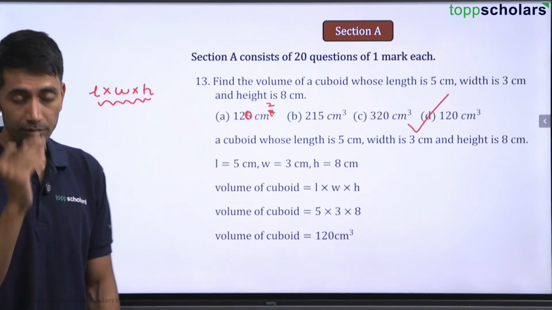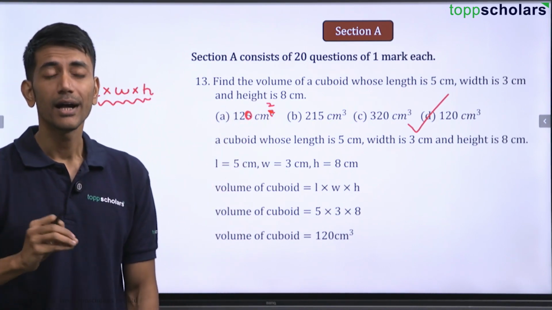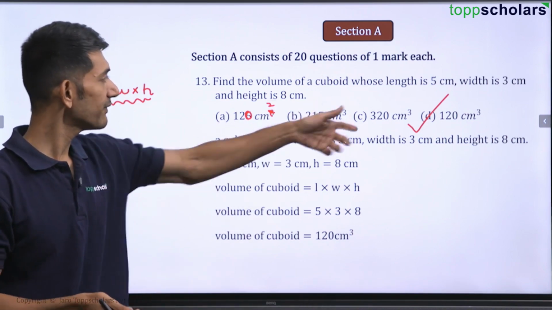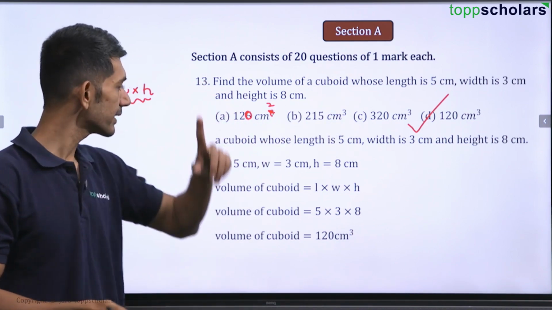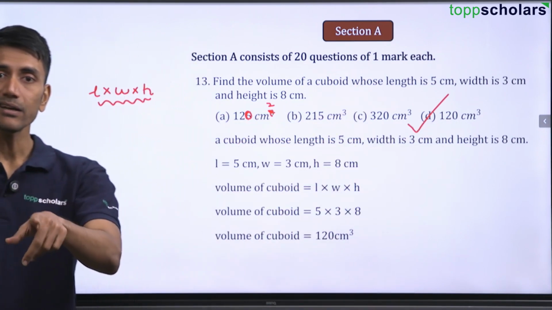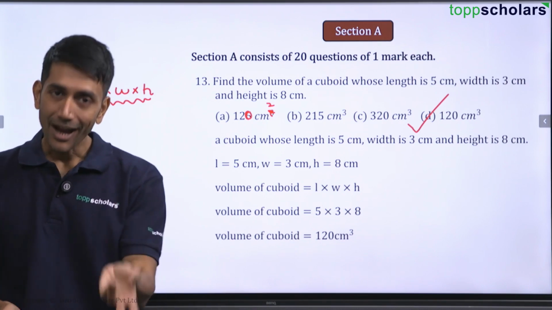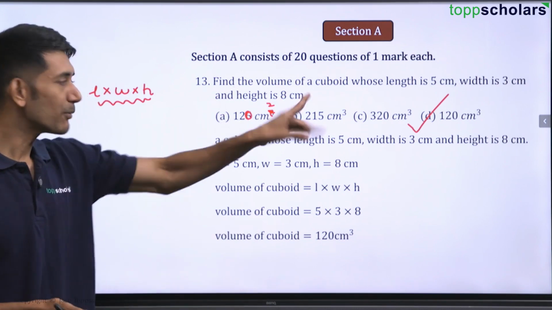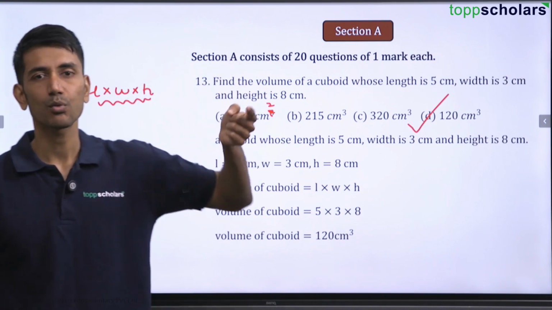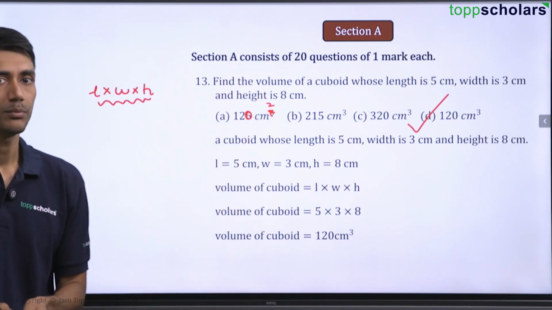So please be very careful and mindful while choosing your option, because you might feel, okay, I got 120, I'll immediately tick this, but no, it's volume, so cubic centimeter. Same thing, they can twist us by asking surface area, same type of options. So in surface area it will be centimeter square, it will not be centimeter cube, correct?